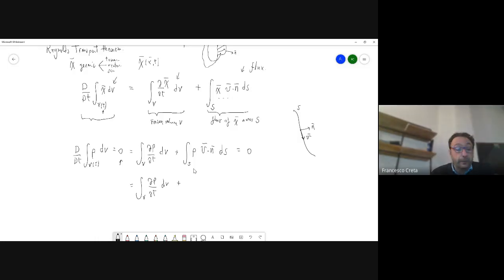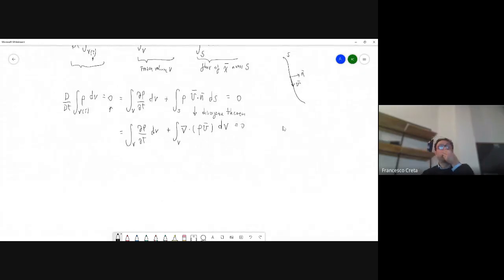I'm just repeating this term here. And the divergence theorem tells me that this surface integral can be expressed as a volume integral, where the volume V is that enclosed by the surface S, of the divergence of rho V in dV. So this goes to here through the divergence theorem, which we have to be familiar with.